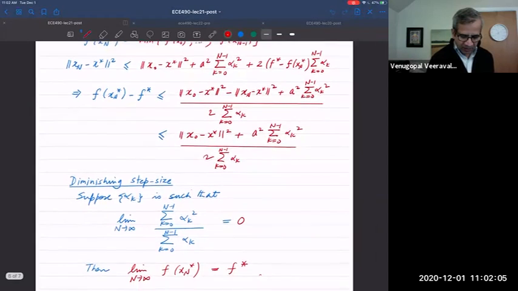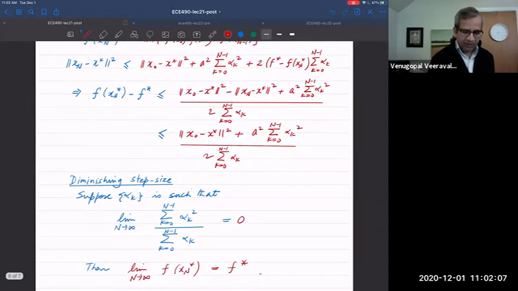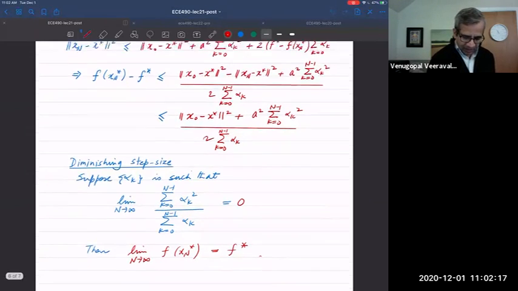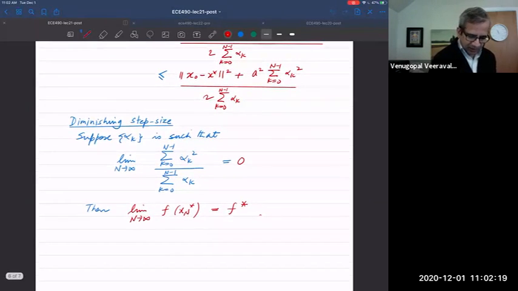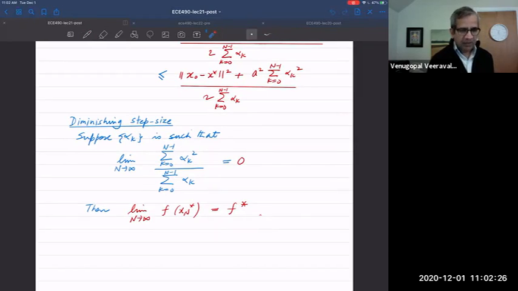But in order to make that happen, you need to make the alpha k's go to 0 at an appropriate rate, such that this ratio goes to 0, and then we can prove convergence.